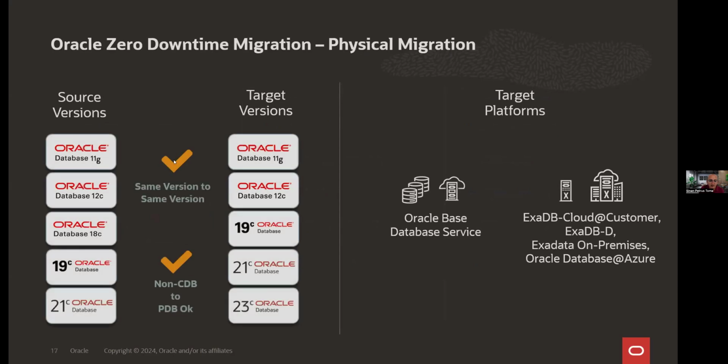Okay. It also supports multiple source and target database versions, migrations from non-CDB to PDB, and also multiple target platforms, and now also the validation and the certification for the accelerated cloud service on Oracle Database at Azure.